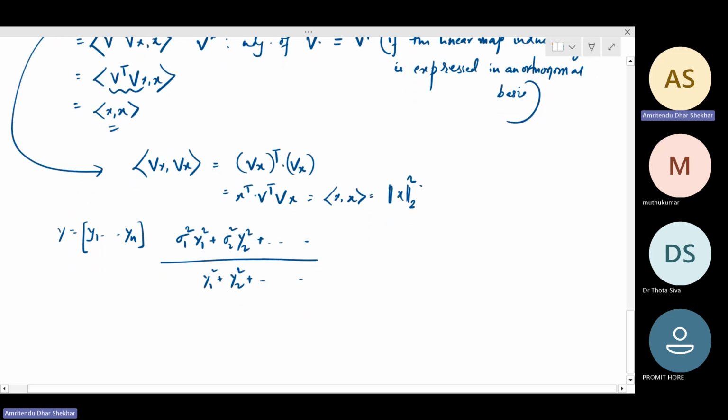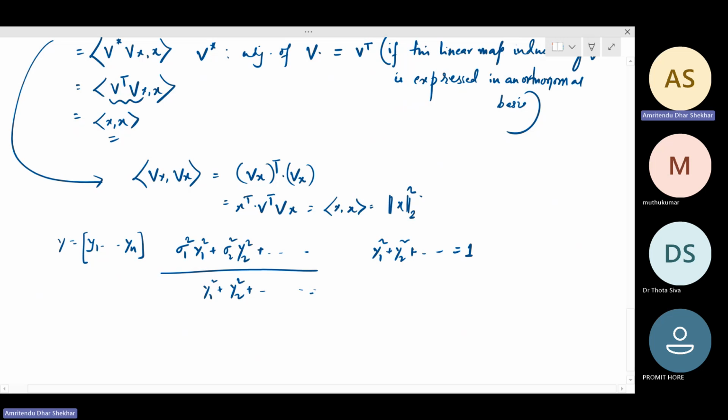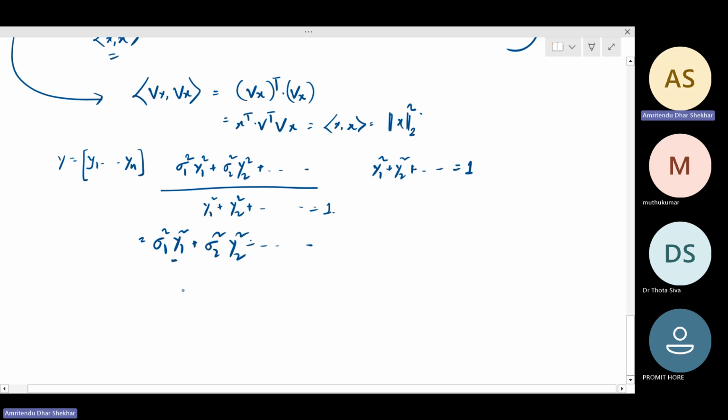Now this y1 squared plus y2 squared up to is equal to 1 because that is the constraint that you are dealing with. So this quantity is equal to 1. And so you're left with sigma 1 squared y1 squared plus sigma 2 squared y2 squared and dot dot dot. If you want to maximize this quantity, what will you do? You will set y1 to be equal to 1 and all the others to be equal to 0.